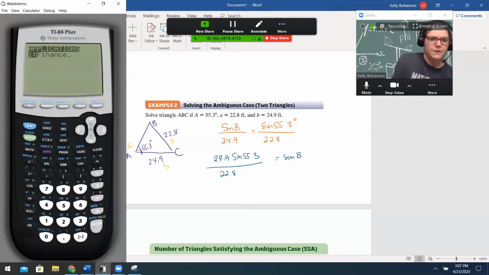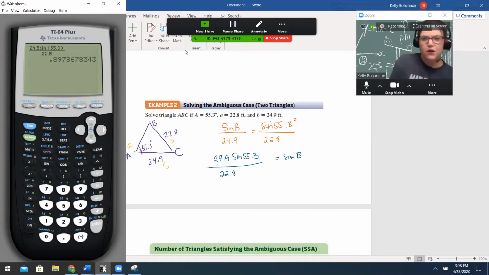Okay, I just hit the wrong thing. Sine 55.3 over 22.8. All right, so that is an actual value, 0.89786. So that means now I'm going to have to arc sine.